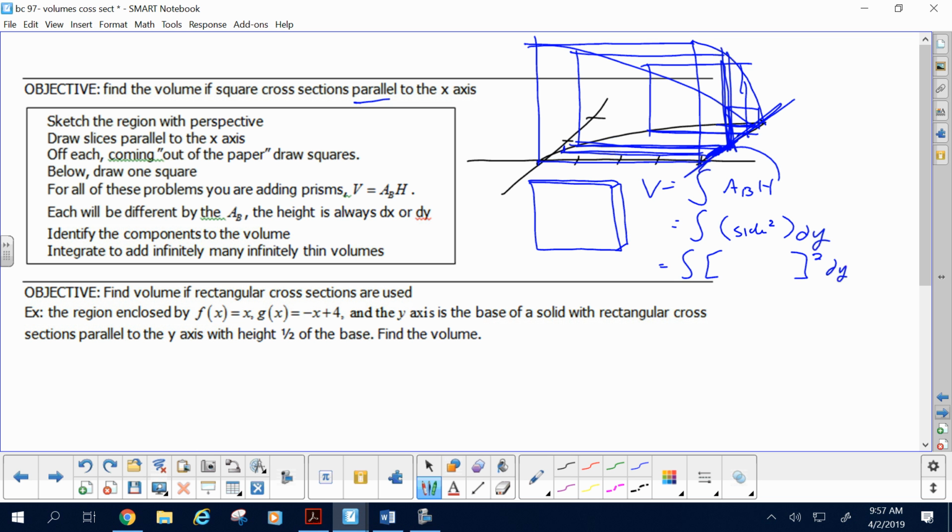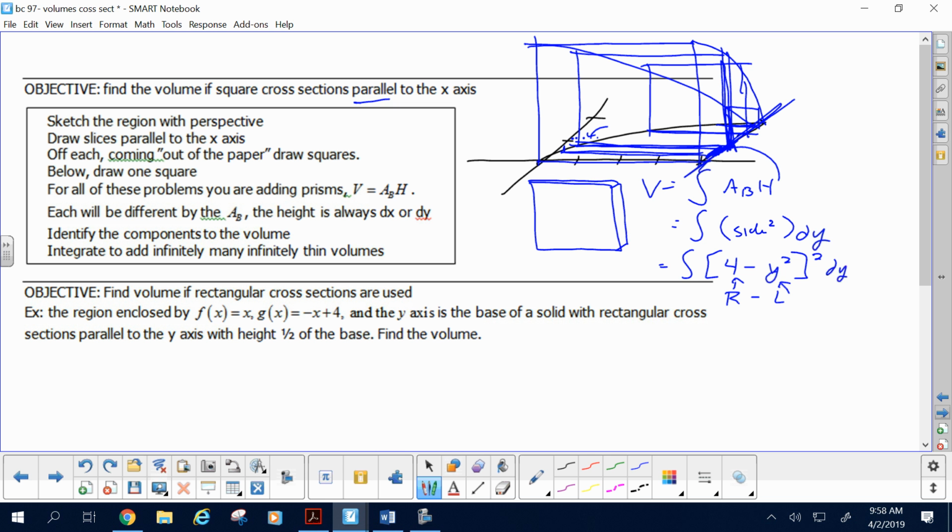But what is the side? Is it the curve? It isn't the curve, because the curve would be the distance from an axis to the curve. Here's the curve. What's the side? Think right minus left. The right is 4. The left is the curve. So right minus left is 4 minus, now, square root of x or y squared? 4 minus y squared. Big right minus left.